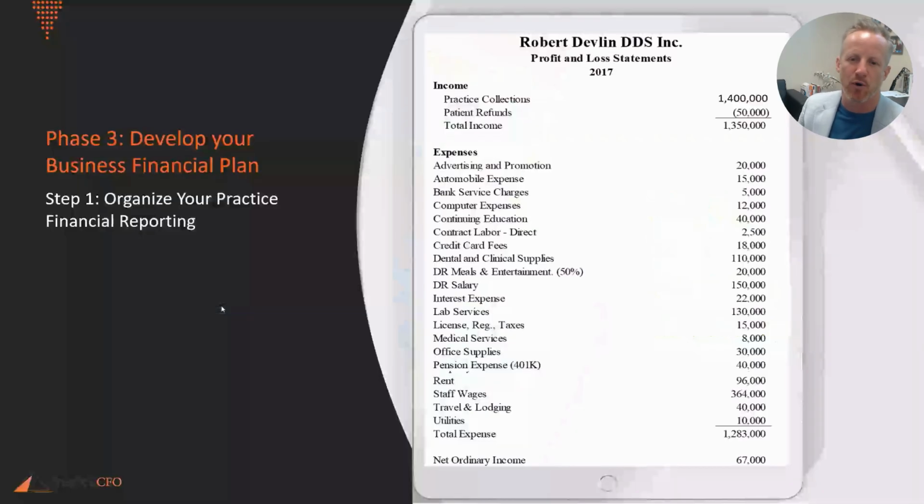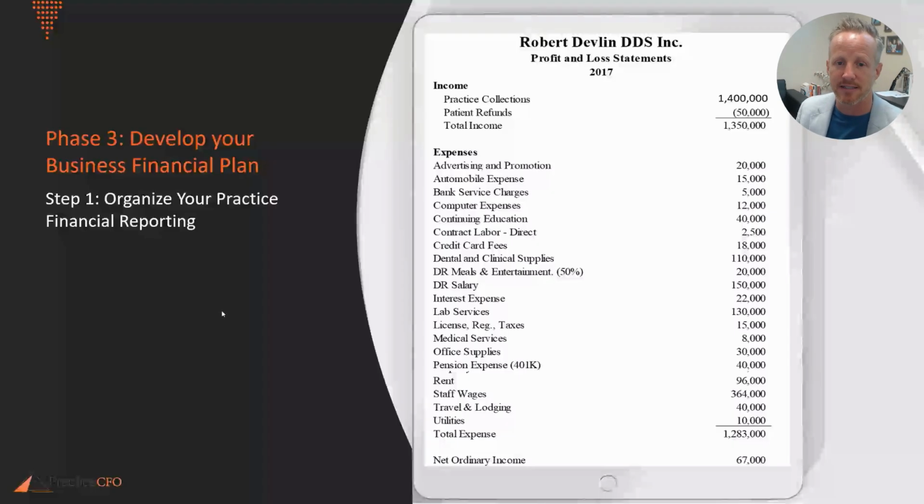When I get a prospect, I get their P&L and I look at it, and I can immediately tell how well this dental practice owner was instituting an organized plan around their money, around saving taxes, and around accumulating wealth, just by looking at the format of their financial statements. Because if the format doesn't tell you anything, then important decisions are not being made. So here's what a common P&L looks like.